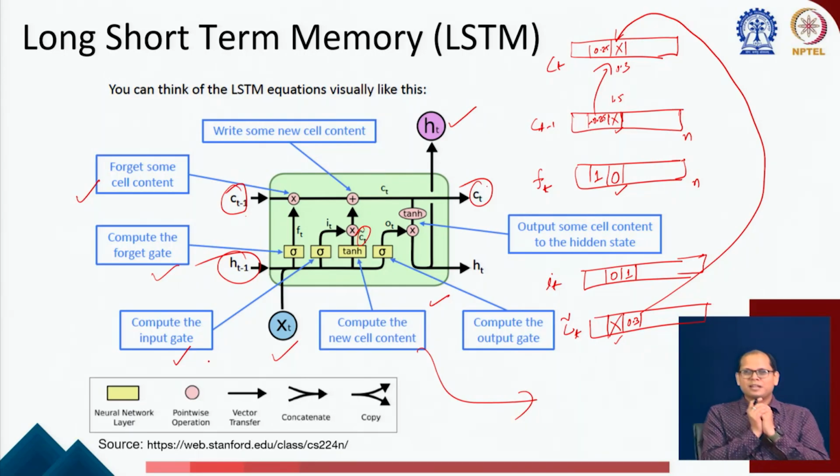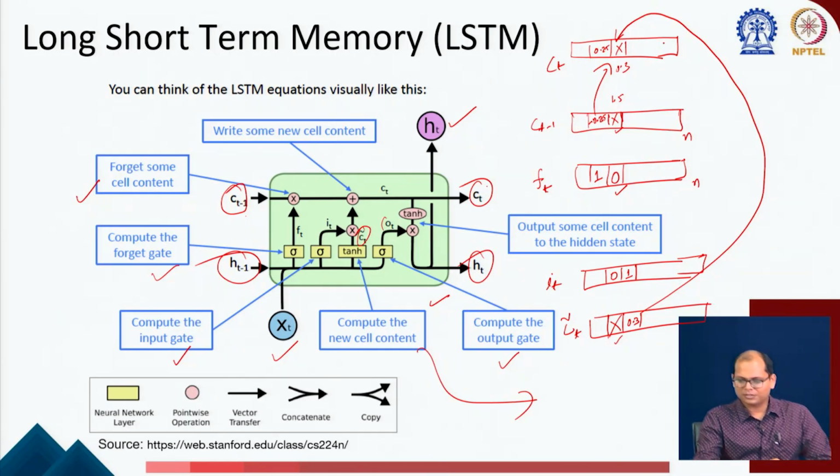Then how would you get HT? You only talked about CT minus 1 to CT. So what do you do with HT? You say, okay, I have my new cell state, maybe some dimensions of this are relevant for my output and some dimensions are only relevant to capture information for the next time step, but are not needed for the output. So I will have an output gate that will control what part of CT, maybe CT had certain dimensions only.